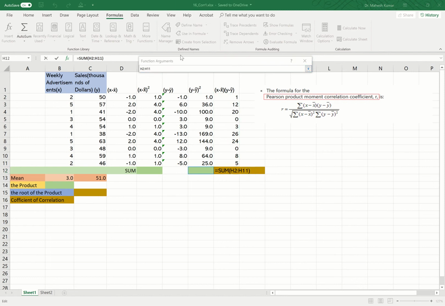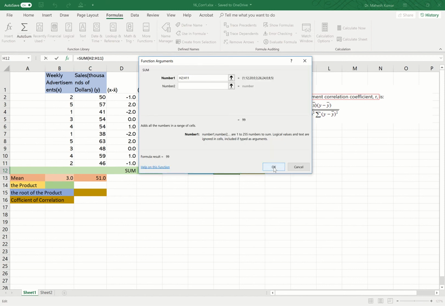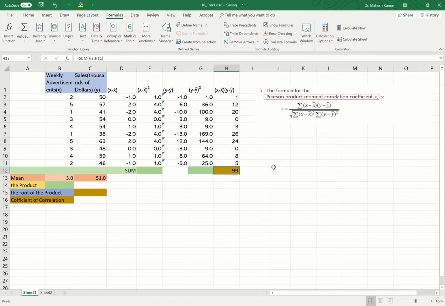So we have now sum of all the numbers from H2 to H11, and we click enter here. Before clicking enter over there, let us click this downward arrow and click OK, and there is the summation of x minus x bar into y minus y bar.